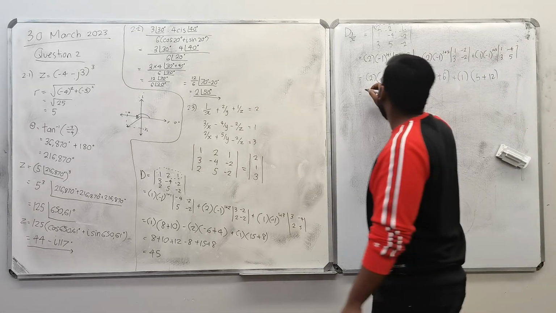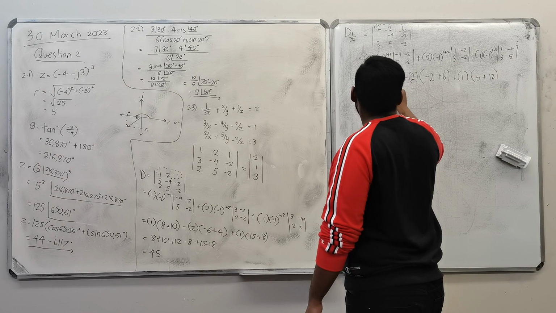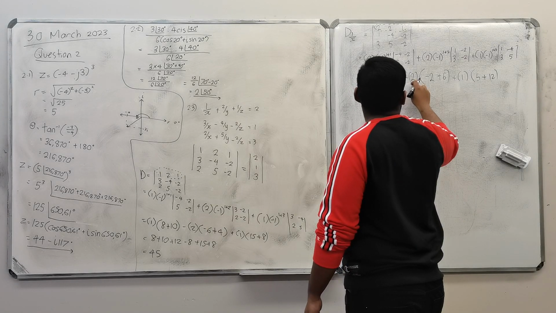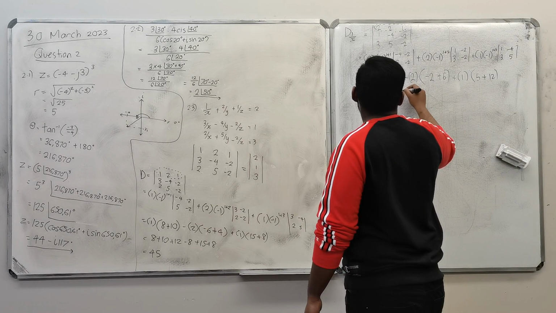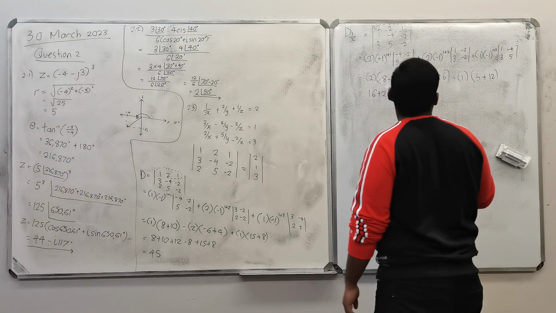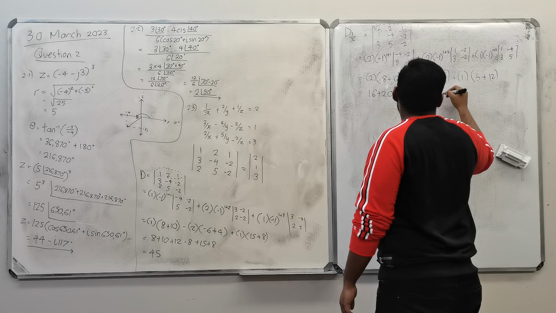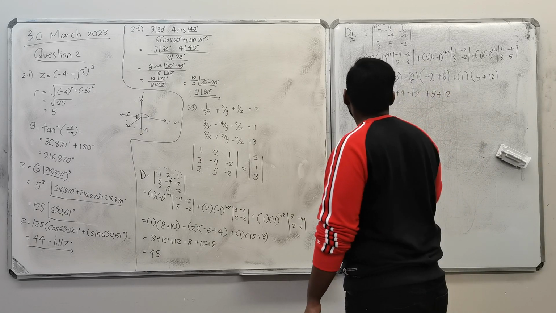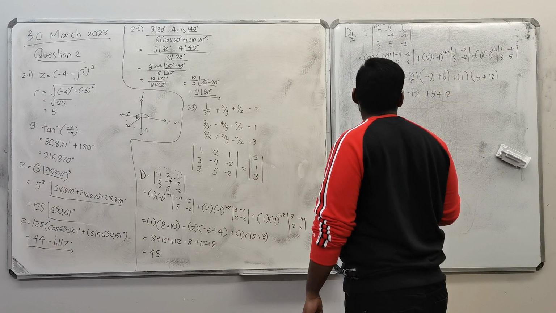Then you're left with 2 and 8 is 16, plus 20, minus 2 and minus 4 is plus 4, minus 2 and 6, minus 12, plus 5, plus 12. Then you get 45.